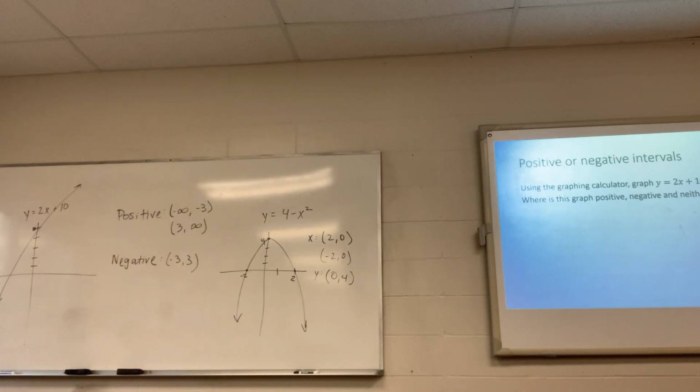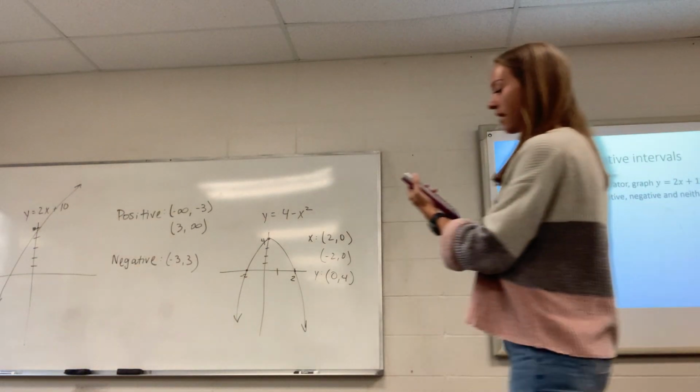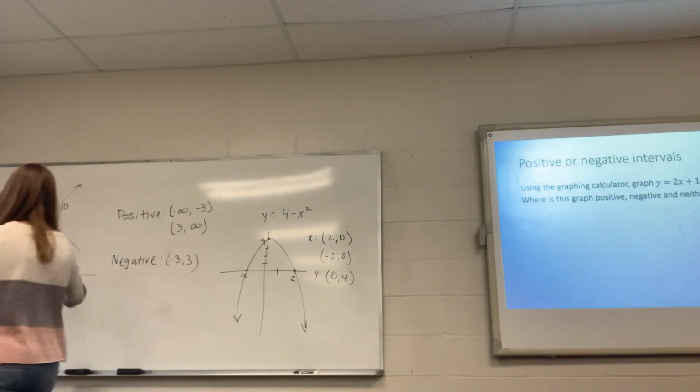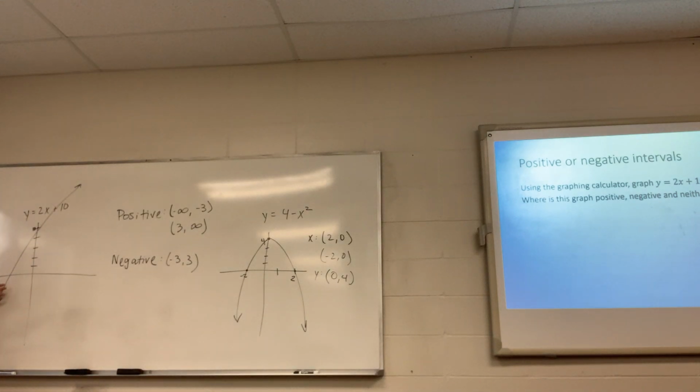Okay, so is anybody struggling to type this in? So 2x plus 10. So, with my 2x plus 10, where do you guys think that this graph is positive? Talking about my picture up here, is it going to be the stuff down here or the stuff up here?